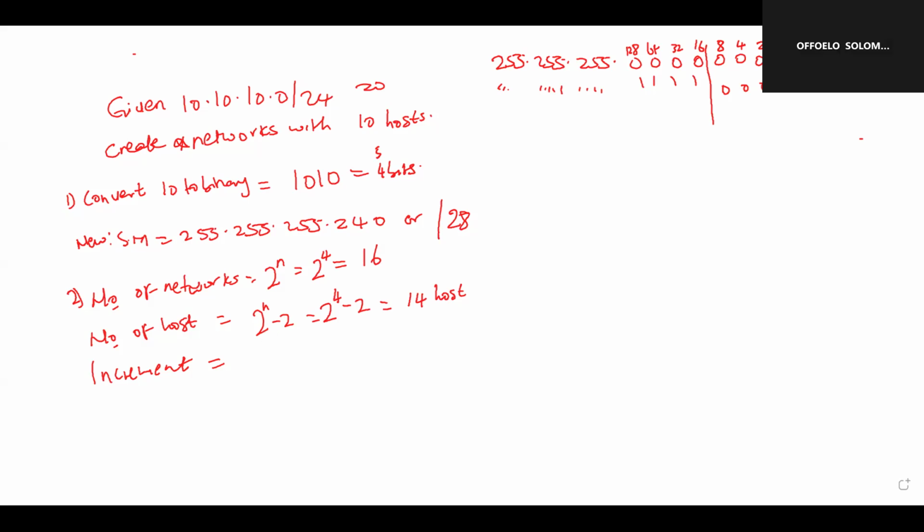I don't want to go with the plan of doing 256 minus 240, which of course will give me 16, but this does not apply in all cases. The way I have been doing it since Friday will apply in all cases. So that's why I want you to give me the answer from what I've been saying.